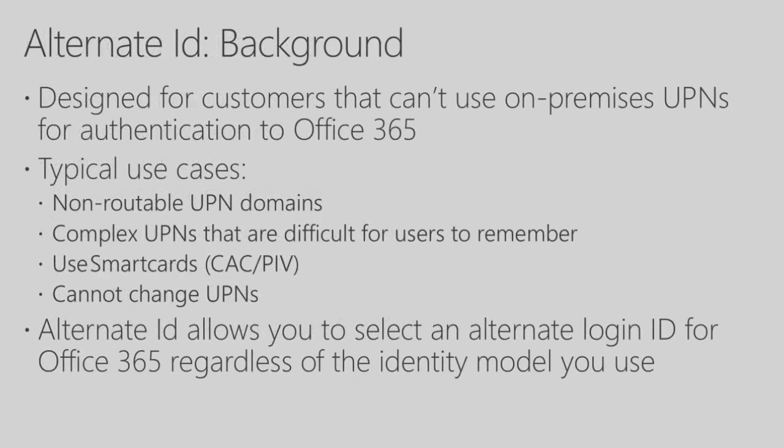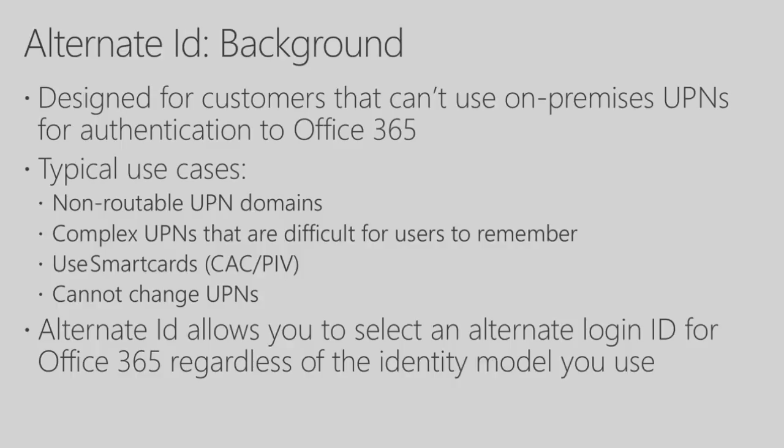Let's talk a little bit about alternate ID. Anybody using alternate ID? A couple folks. So we basically designed this for customers that, for whatever reason, can't use a UPN that they have on-prem, and they can't use it in O365. Typical reasons are the UPN is actually not routable. For example, we used to have guidance a long time ago that suggested you name your domain .local. If you did, now it's not going to be able to route on the internet.